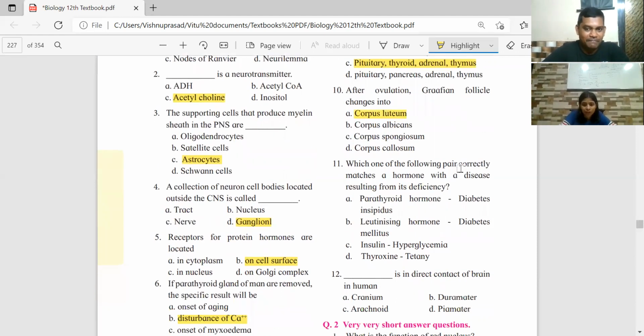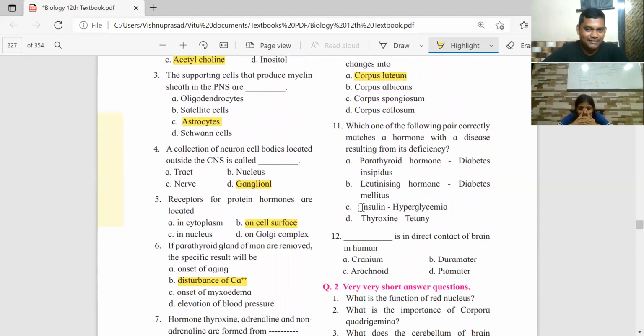Which one of the following pair correctly matches a hormone with a disease resulting from its deficiency? Deficiency. Parathyroid hormone, diabetes, insulin. This doesn't pair.